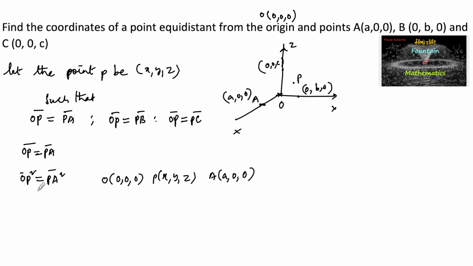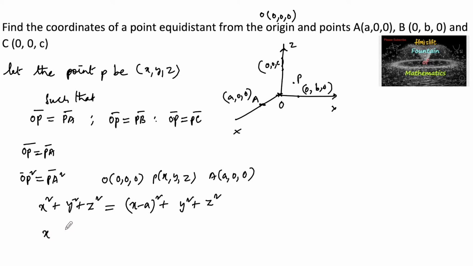So we will get OP square is nothing but (x minus 0) whole square, that is x square, and (y minus 0) whole square, that is y square, and (z minus 0) whole square, that is z square, is equal to the distance PA, which is (a minus x) whole square, or we can write (x minus a) whole square, plus (y minus 0) whole square, y square, and (z minus 0) whole square, z square.